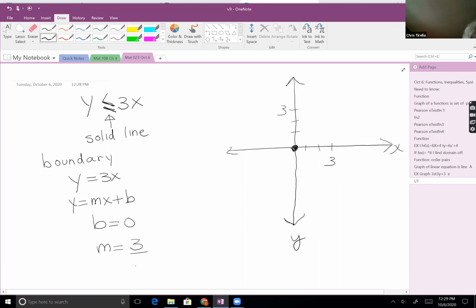I like to think of it as a fraction, so it's 3 over 1. Because it's positive, from my point, I'm going to go up 3 over 1. And this time we decided that we were going to connect with a solid line. I'm not doing real well drawing today. Is everybody all right, though, that that is a solid line?